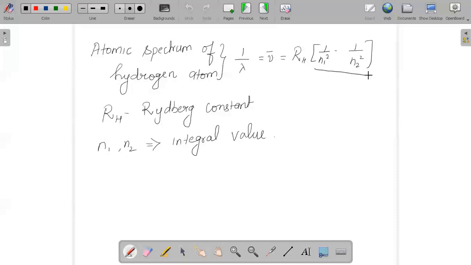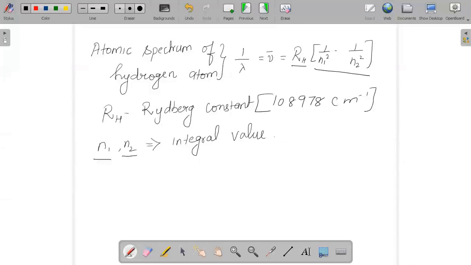Here the question arises, what is N1 and what is N2? These are integral values, and RH is the Rydberg constant, whose standard value is 109,678 centimeter inverse.